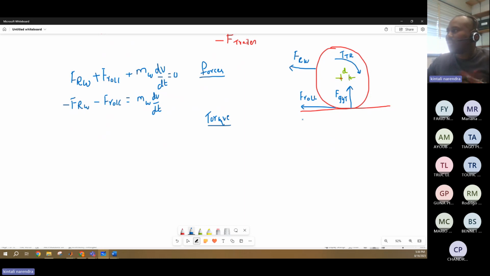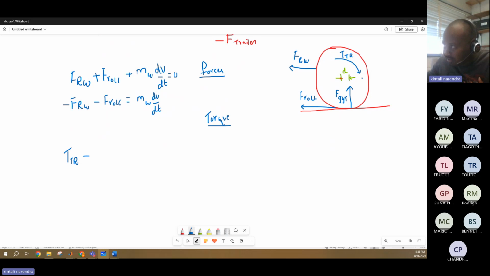Now what are the torques acting? So this is one torque, which is making the vehicle move, the main tractive torque, TTR. Minus, this is the torque acting in the opposite direction because of FGYT.